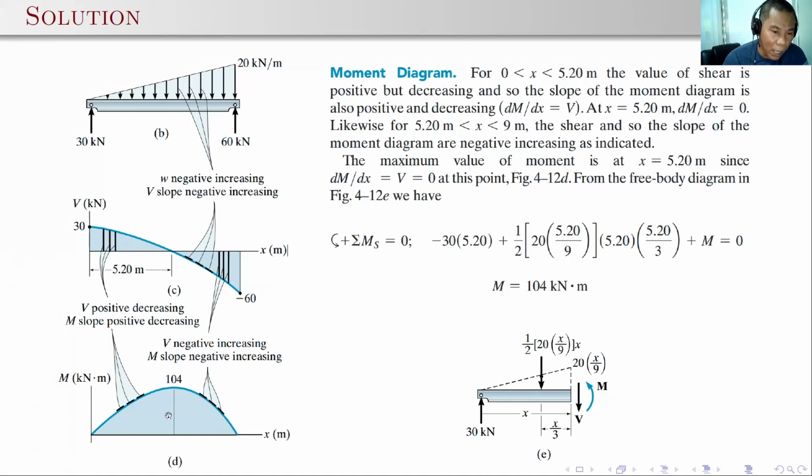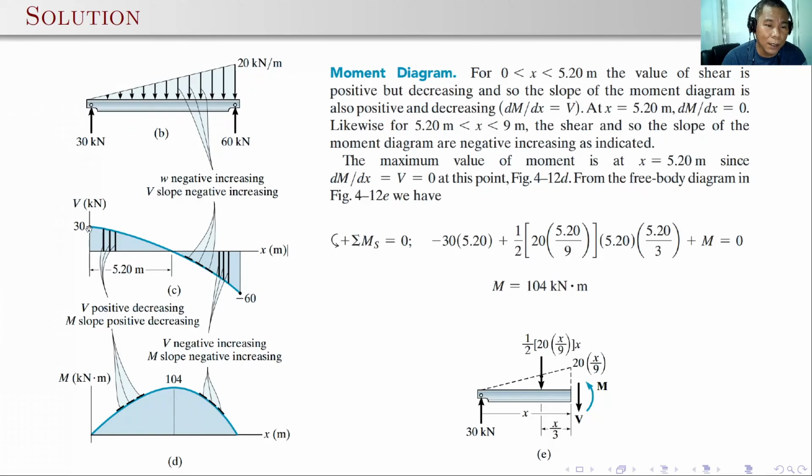Or another way around, if you are not quite sure, you can just directly sum up moment here at this portion at the distance 5.2. By summing up moment here, we have 30 kilonewton times 5.2 minus the resultant of this triangular loading times the centroid, and it will give you the maximum moment, which is shown here. That's 104 kilonewton meter.